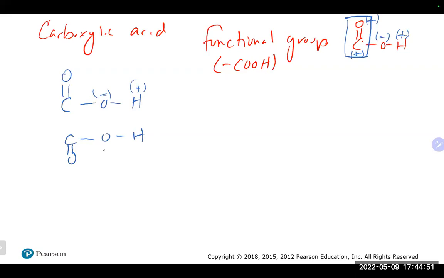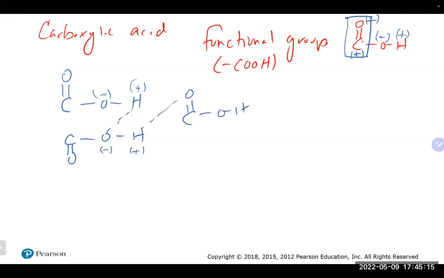It does permit some hydrogen bonding to occur between, for example, the hydrogen and the oxygen there. Also, another one could bond as well over here, between these two guys as well.